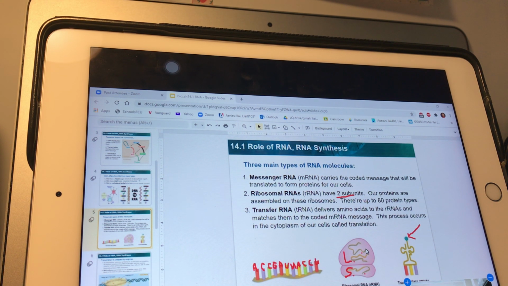Here's the food, make your protein. Here's the food, I'm going to go get something else. Here's the food, make your essay. Here is the calculator, calculate your problem. You see what I'm doing? So the transfer RNA's job is to go get supplies and bring them to the ribosome so that you can make the protein.